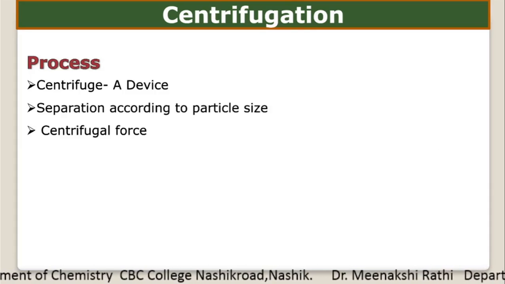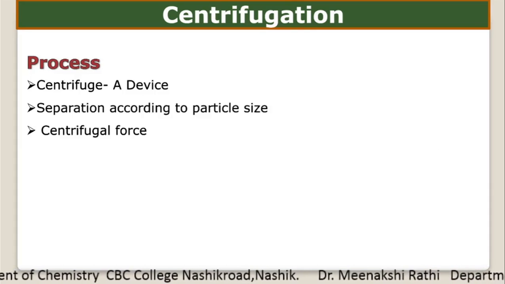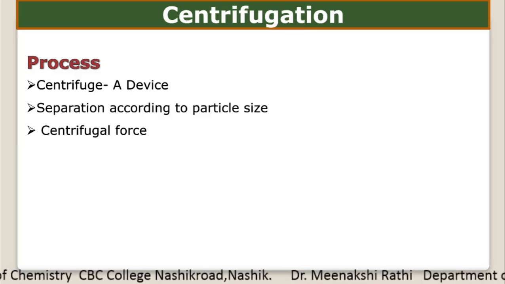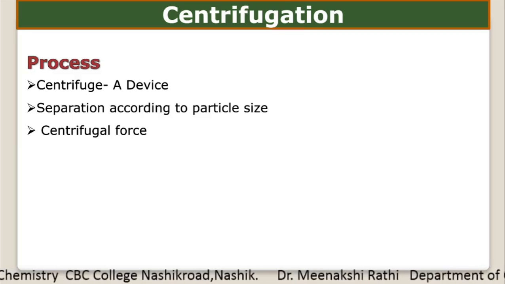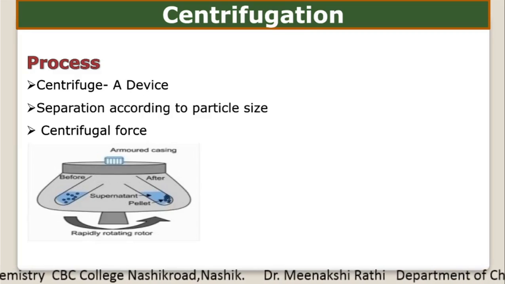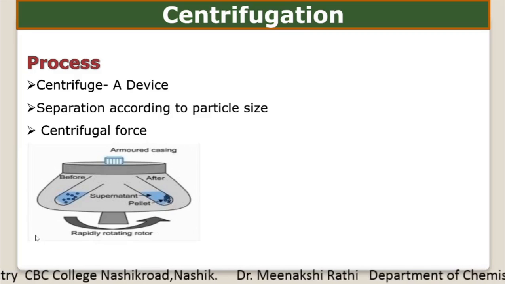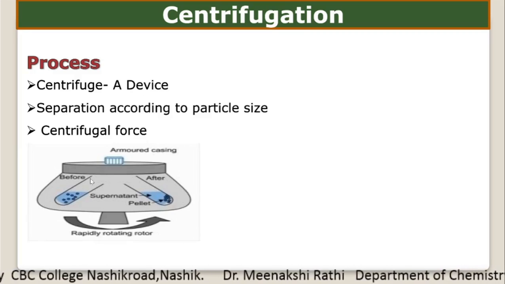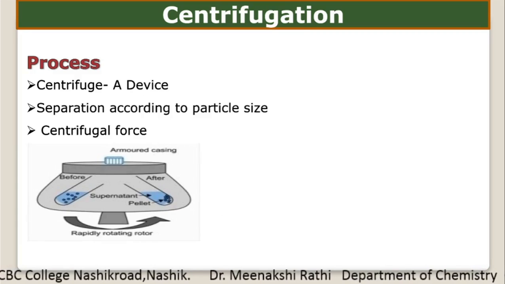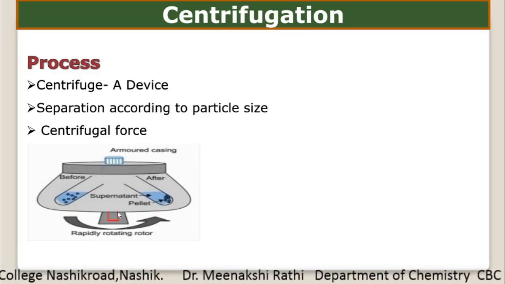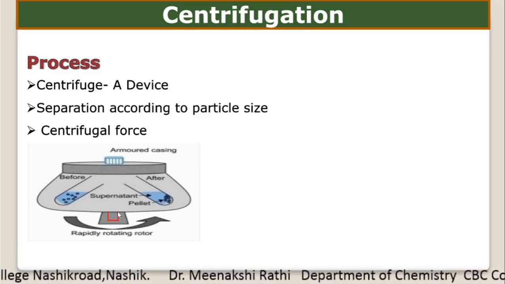Now see here, we'll see the process of centrifugation. In centrifugation, one device is used which is called a centrifuge. This is the device, called a centrifuge, and it has a central shaft, and on this shaft it starts rotating.